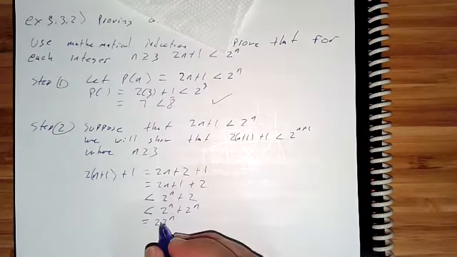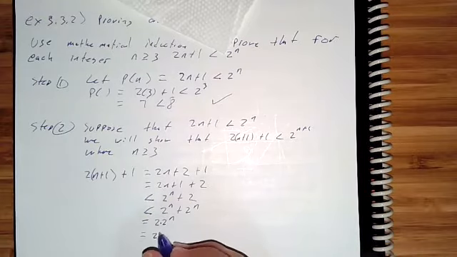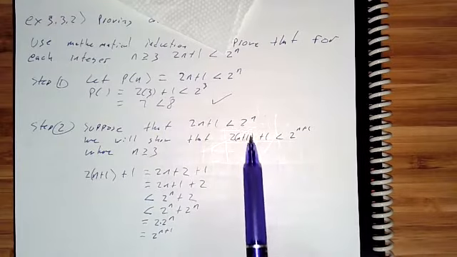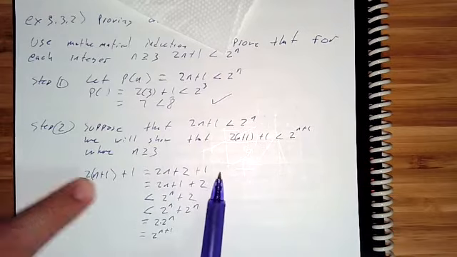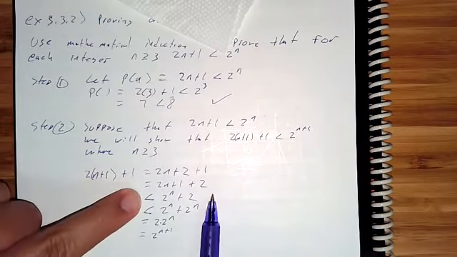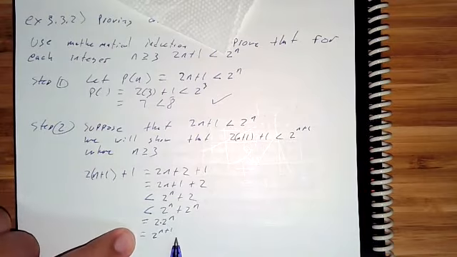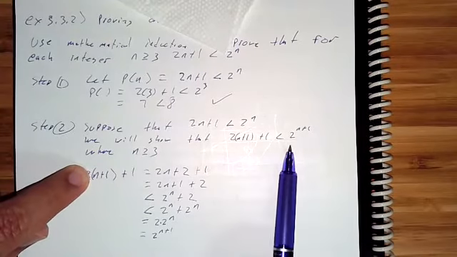So now I have 2 of them, right? Now, if I multiply them together, now we get 2^(n+1), which is what we wanted to show. So that shows us that the original is equal to that, which is less than that, which is equal to this. Therefore, this is less than this, which is what we wanted to show.